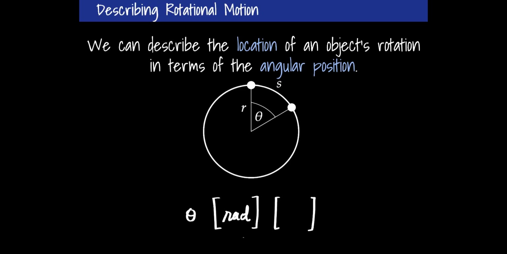My fundamental reason for that was, I want the arc length formula to be true. And for the arc length formula to be true, I can't measure angles in degrees. I have to measure angles in radian measure. So I'm going to describe the position of a rotating thing, not with an x, but with a theta.